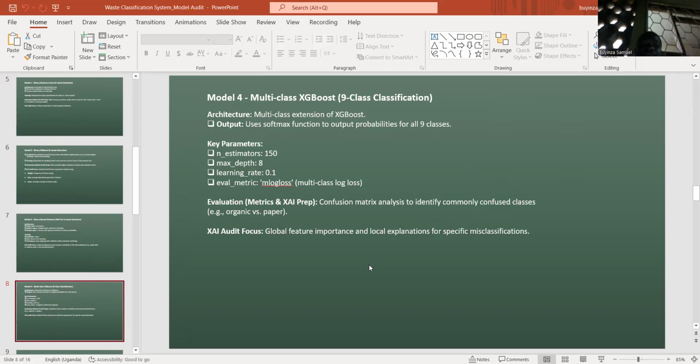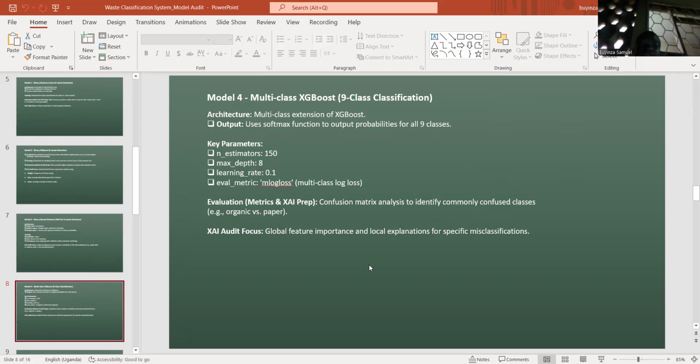Then the key parameters are the n_estimators, maximum depth, and the learning rate, which is 0.1, the maximum depth is 8, the n_estimators is 150, then the eval metric, that is the multi-class log loss.